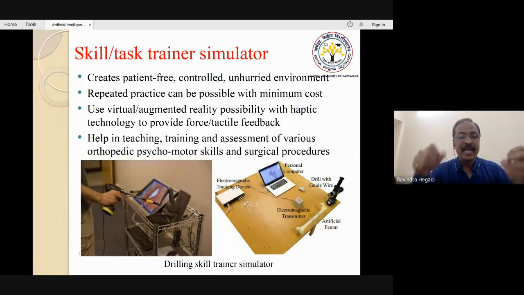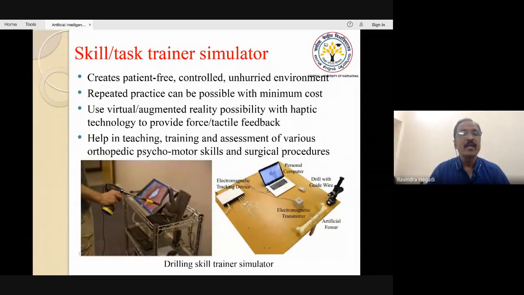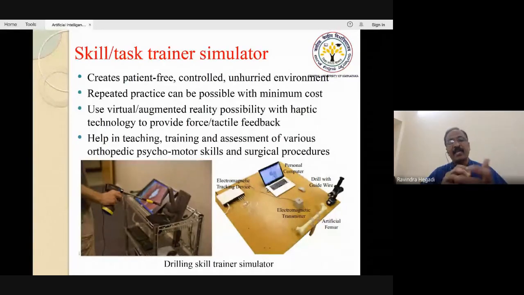You will visualize as though you are doing it on the patient, because that kind of simulator software will be available. So when you drill, you are actually drilling on the table, but you visualize it as being on the patient. And when you apply force, you will feel that force in your hand, because the simulator is working on that. So there we use virtual augmented reality with haptic technology.